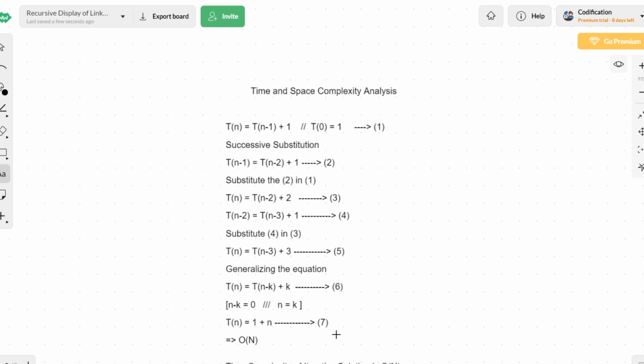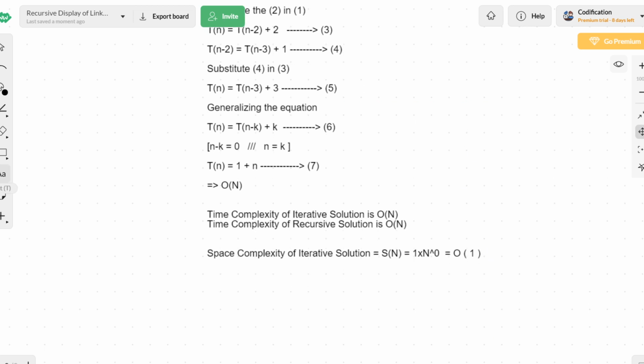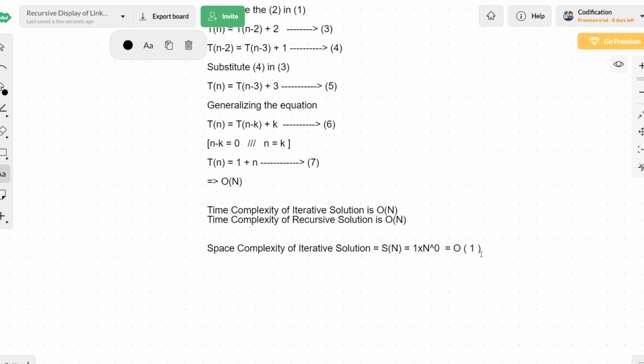So coming here to the space complexity of the recursive solution. The space function is equal to how many blocks you have taken? N plus 1 blocks. So n plus 1 units of space.